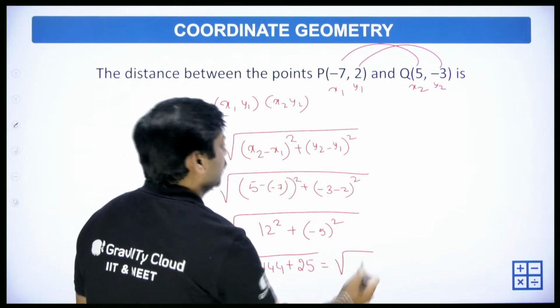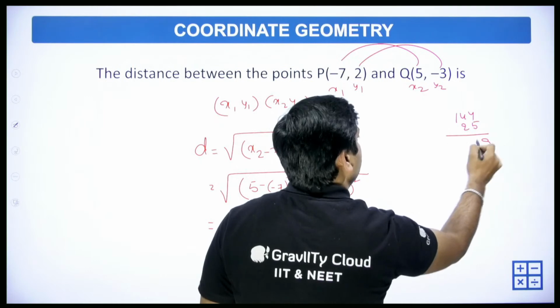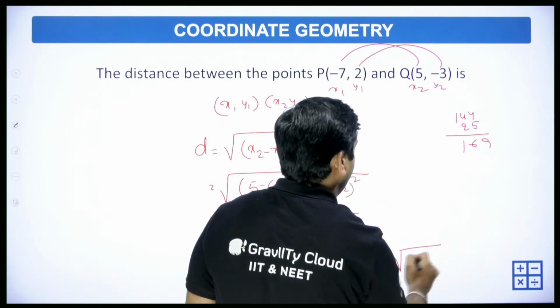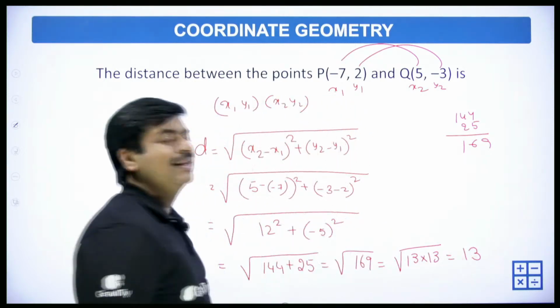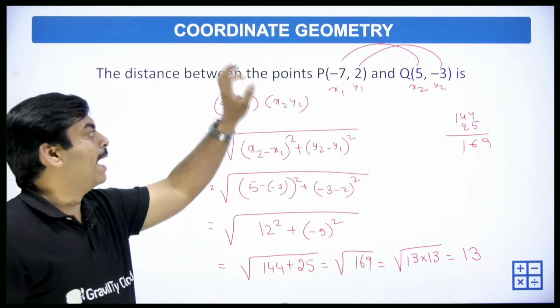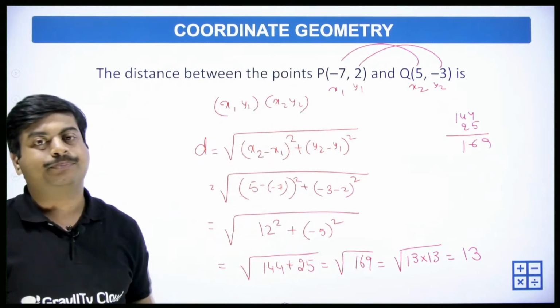So root of 144 plus 25, which is 169, and root 169, if I am not wrong, is 13 into 13. So the answer will be 13. The distance between the points (-7, 2) and (5, -3) is 13.